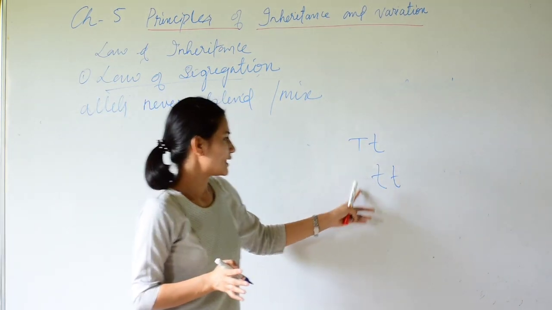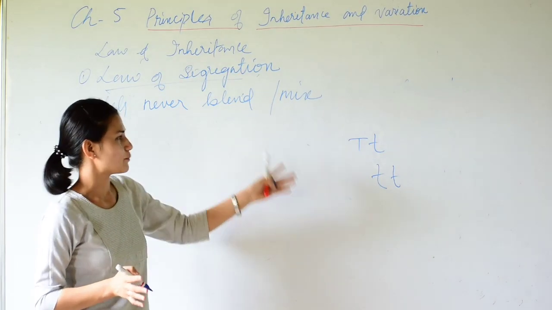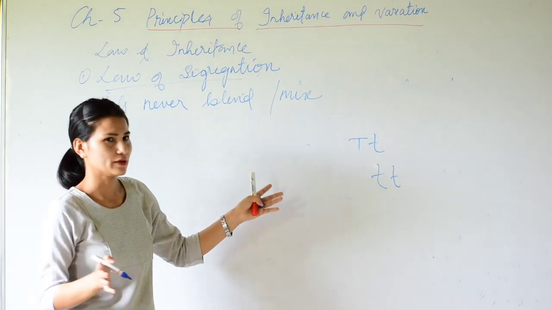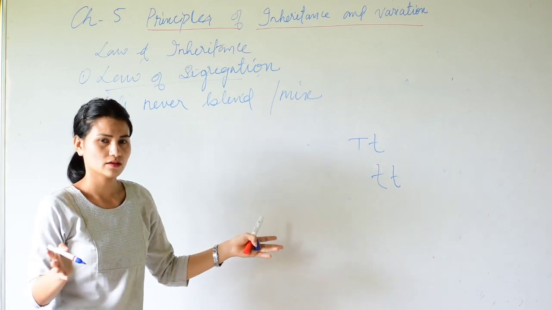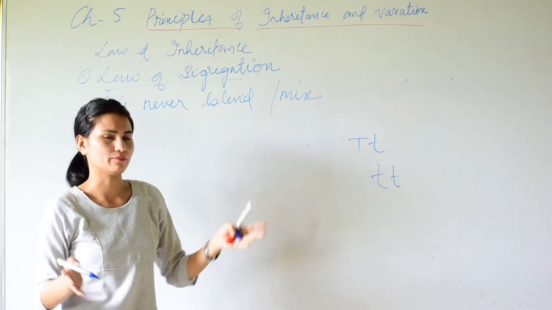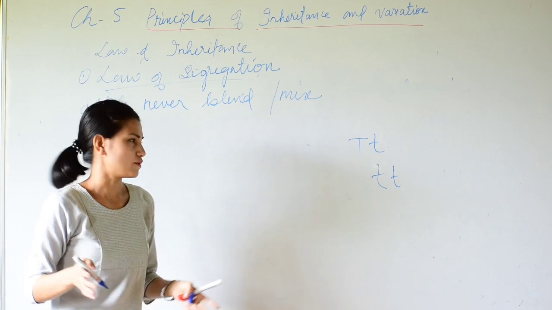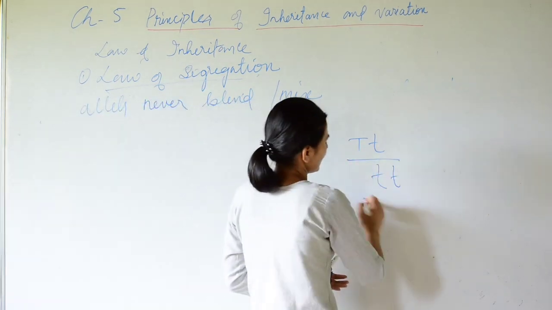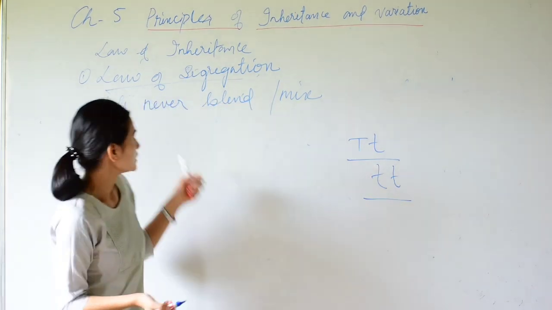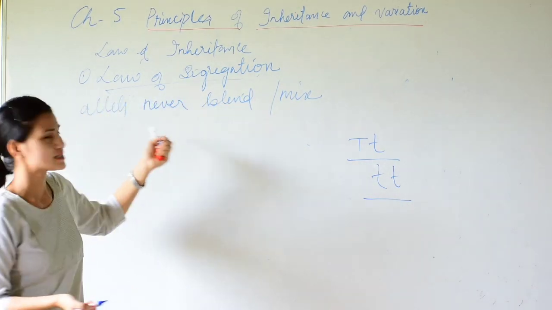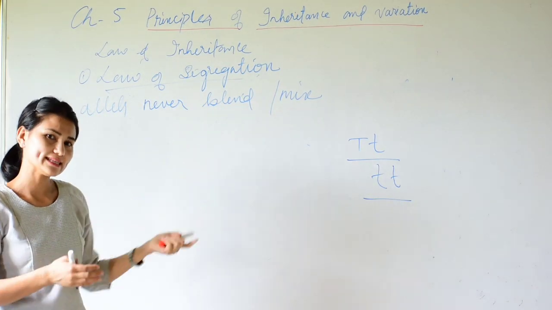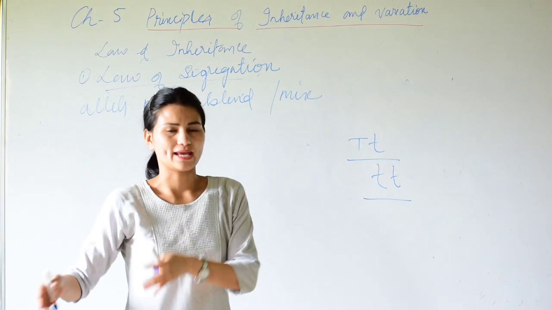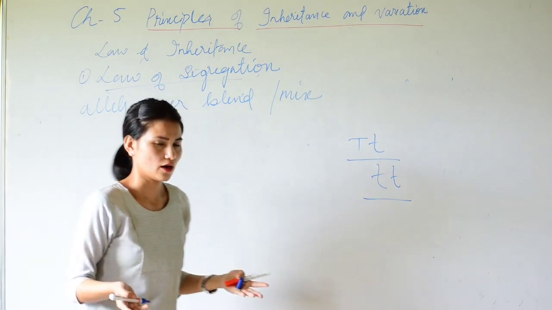The alleles do not blend or mix up with the other, or else the outcome would have been mid-height. The stem of the plant would have been mid-height or of any other kind. But there is no mixing of this allele. That is why the law of segregation says that alleles never blend or mix up, but get inherited from the parents to the offspring as it is. I hope you got it.